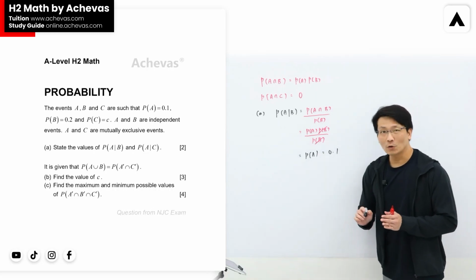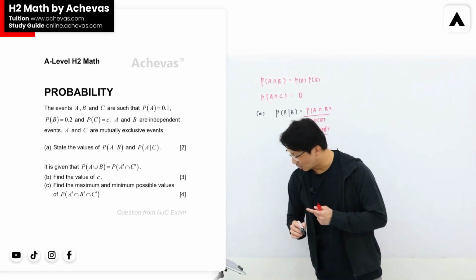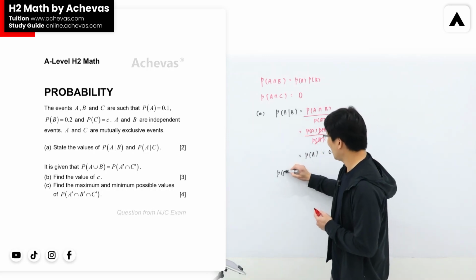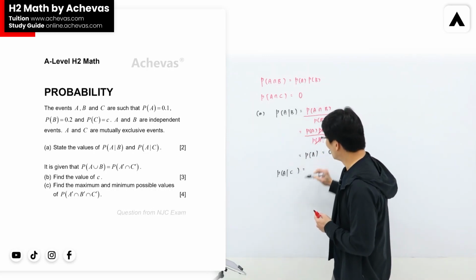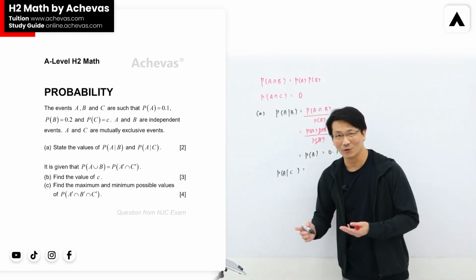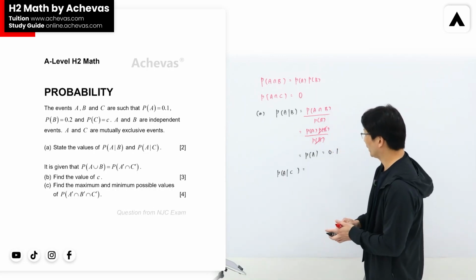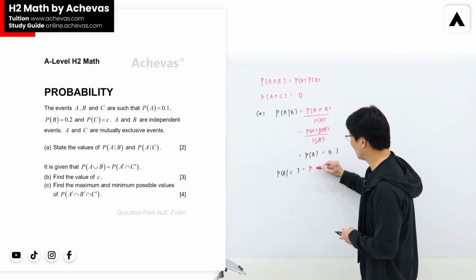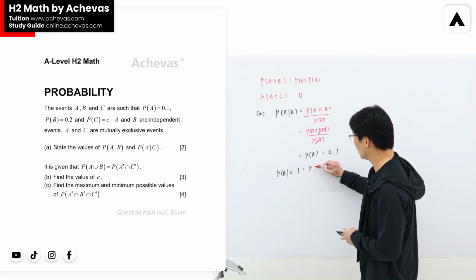0.1. Also for our conditional probability of A given C, if we have already memorized the property, I will know the answer is just equal to 0. But let's say if we want to give a bit of working, I can break it up again using the formula for conditional probability.